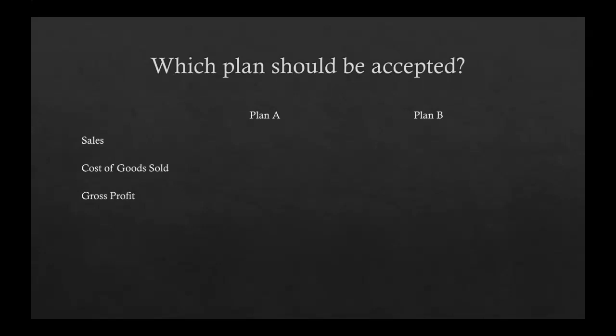To find gross profit, we take our sales and subtract our cost of goods sold. We have our sales amounts from our sales budget: plan A, we found that our sales were going to be 6.4 million, and plan B was going to be 7.1 million. If you remember, we talked about how plan B looked better, because plan B was going to get us more in sales.